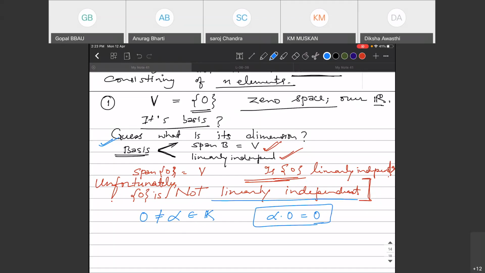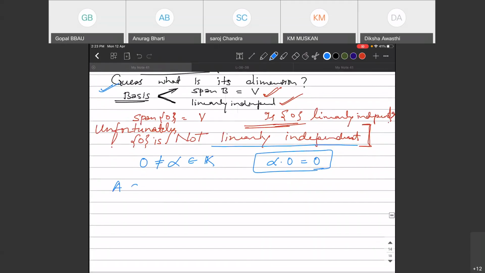That's why 0 is not linearly independent. A set which contains 0 is always linearly dependent. This we have discussed.